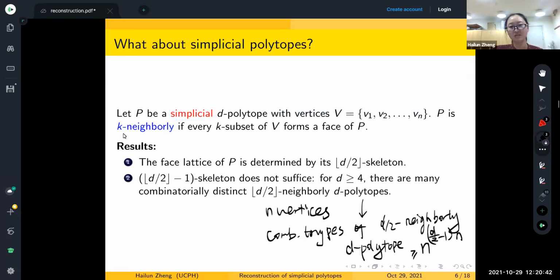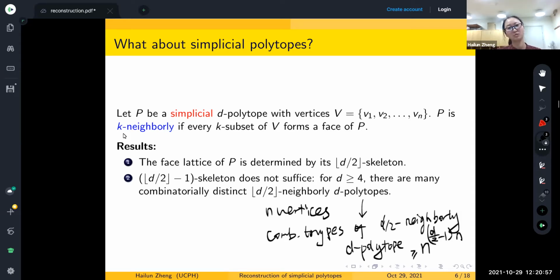So that's a huge number. And all of them have exactly the same D over 2 minus 1 skeleton because they are neighborly, okay? So now you see the complexity of this problem.